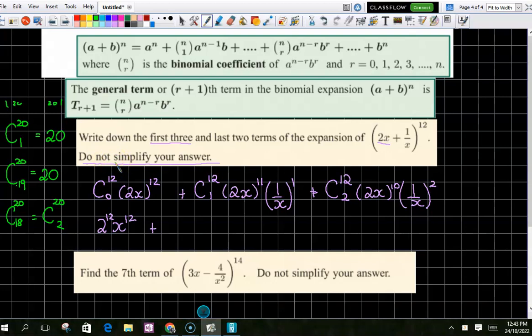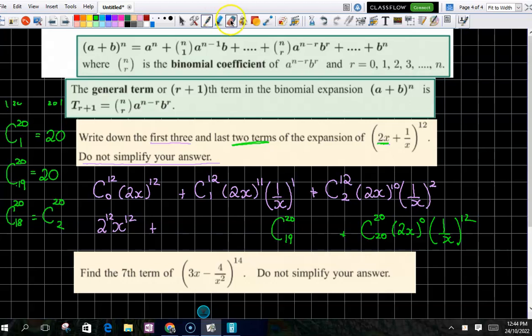How would you do the last 2 terms? Well, I think we've sort of just talked about that. We know that the last term is going to be C12,12. Your original one, that's technically to the power of what? 0, so not in it, not in the game, because anything to the power of 0 is 1, and then you'd have 1 over x to the 12. The term before that will be C20,19, which we've established is going to be, oh, and I'm doing 20 instead of 12.